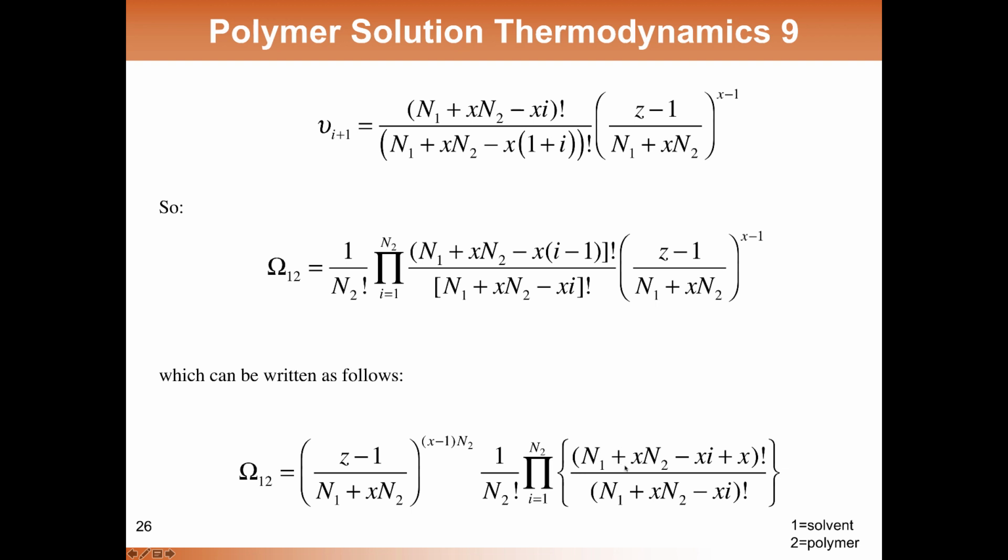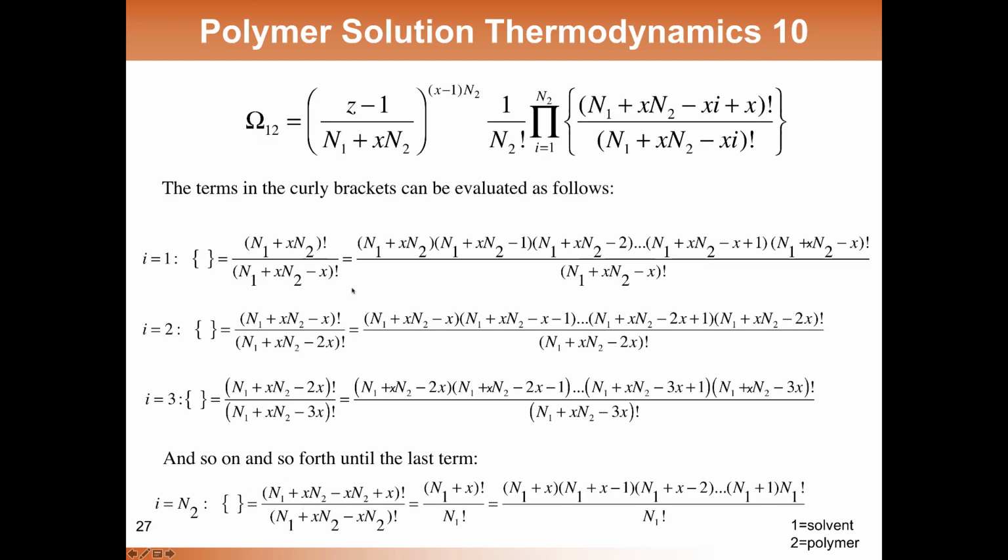Again, there's some algebraic manipulation that goes on to simplify omega 1, 2 as shown here. The next step is to simplify the product sign, the terms in curly brackets here.